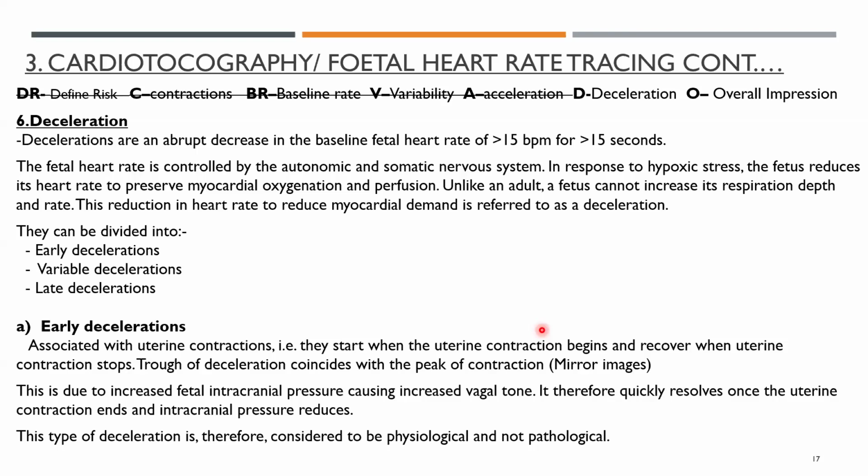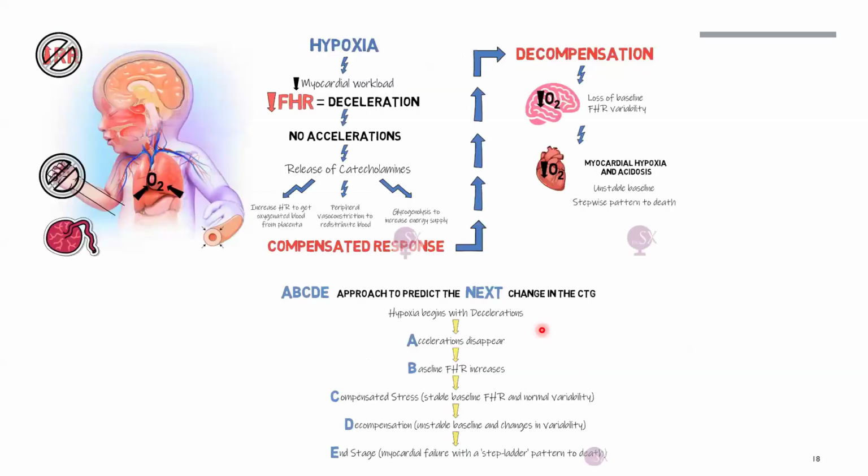To make this easier, let's look at this diagram. Okay, let's break it down. We have hypoxia. Because of hypoxia, how will an adult compensate? There is reduced oxygen, so they increase their respiratory rate to increase their oxygen supply. A fetus cannot do that. They're not using their lungs.